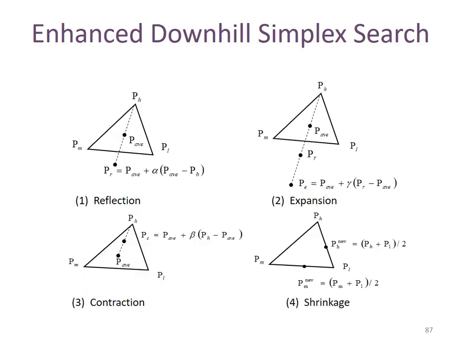All right. Next, let's see another advanced block matching algorithm, which is called downhill simplex search. Okay. So actually, in the previous algorithm, the 3-step algorithm, we have fixed steps, but for downhill simplex search, we have 4 different stages, and we can switch between these 4 stages.